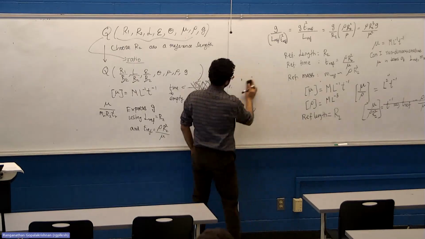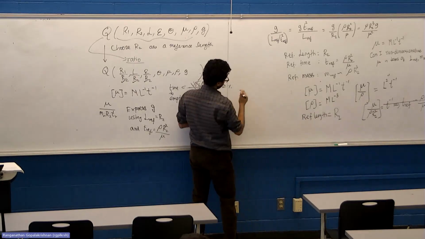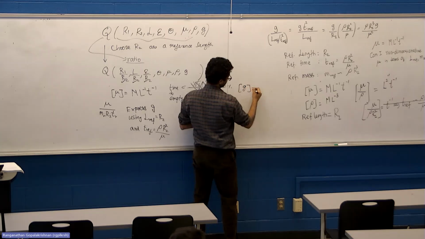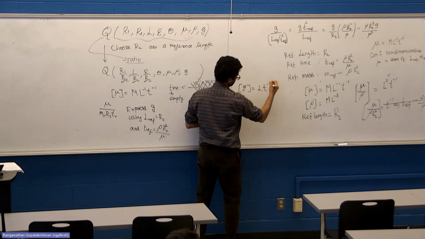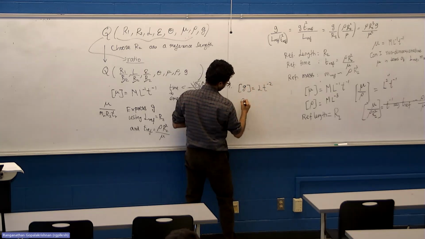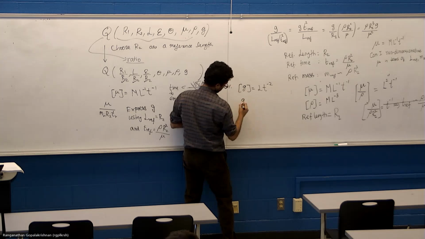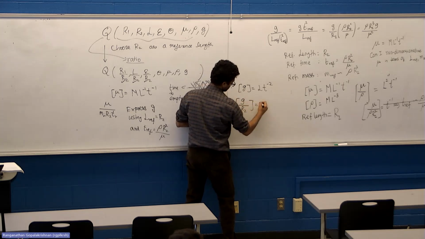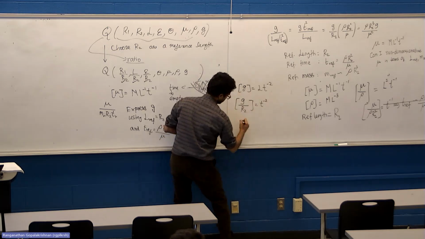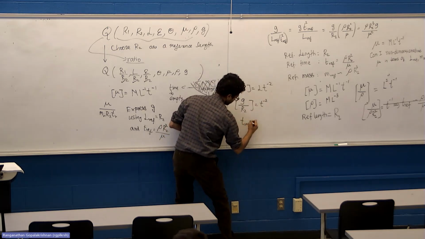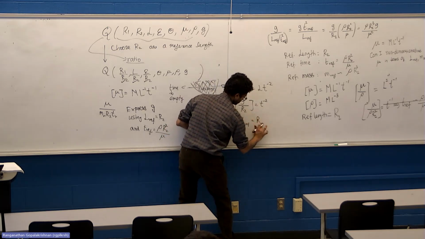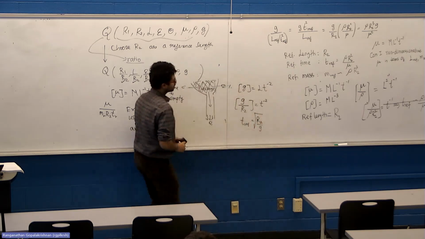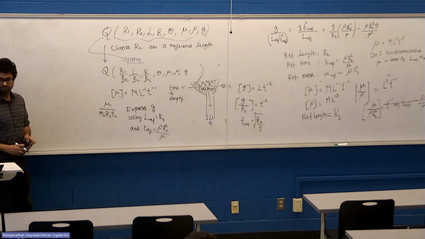So what you are saying is, G has dimensions of L T to the minus 2, and if I choose G divided by R2, that has units of T to the minus 2. So if I write T ref equal to the square root of R2 divided by G, this is a good reference time, isn't it?